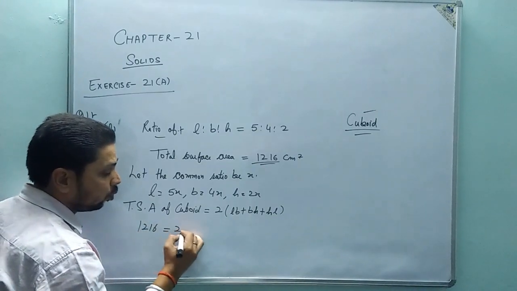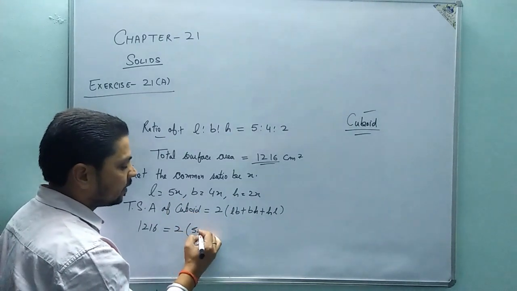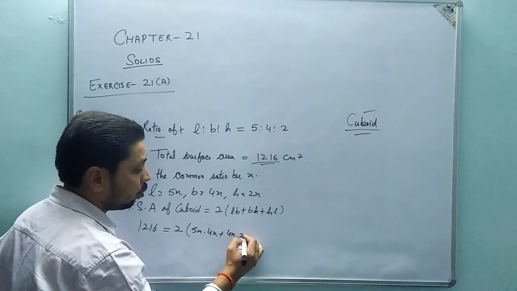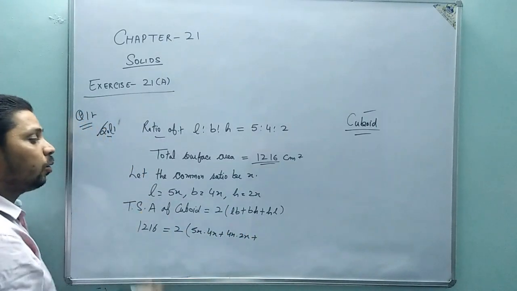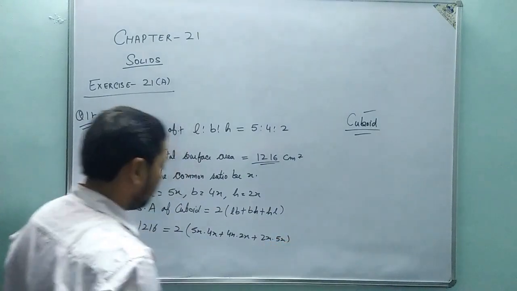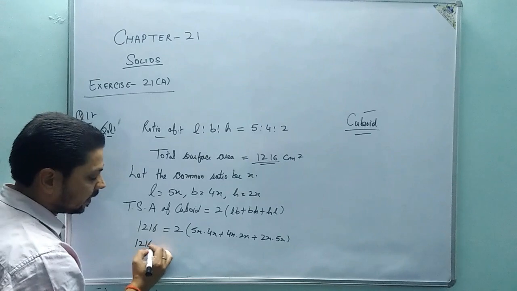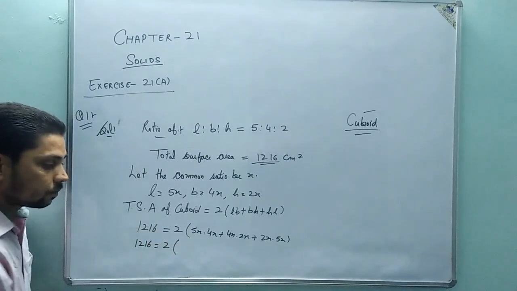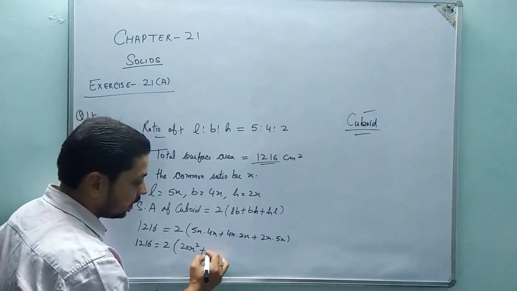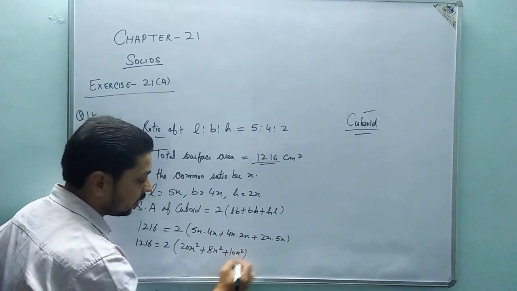1216 is equal to 2 times lb, l is 5x into 4x, plus bh, 4x into 2x, plus hl, that is 2x into 5x. So multiply it: 1216 is equal to 2 times 20x square plus 8x square plus 10x square.